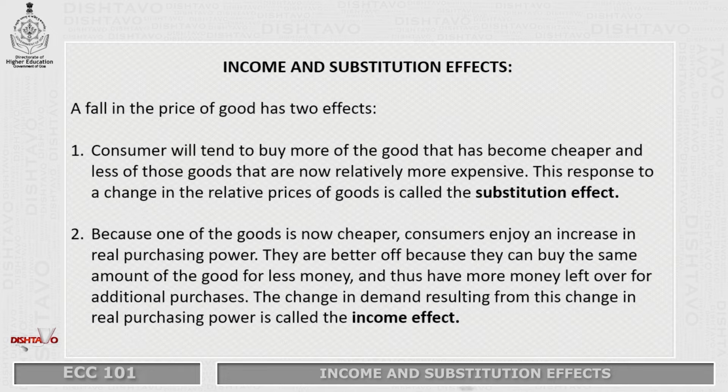And so the person has more money to purchase other commodities. This is called the income effect. To be noted here is that the income effect does not imply an increase in your actual income. It is basically an increase in your real income: because of the fall in price, your purchasing power has increased.